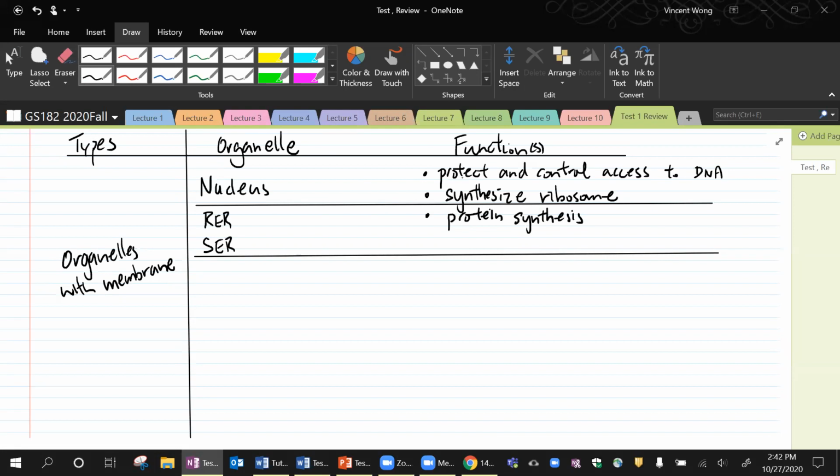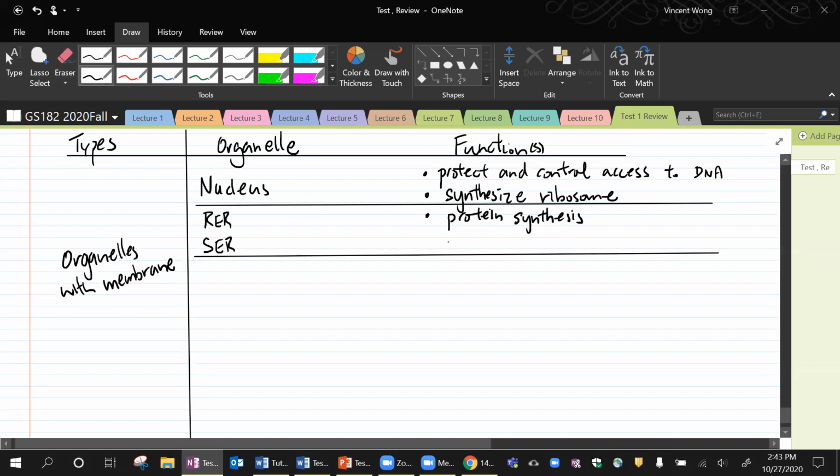It could become a lysosome, or it could be something that is going to be released immediately. Whereas the smooth ER is primarily for lipid production, lipid synthesis.